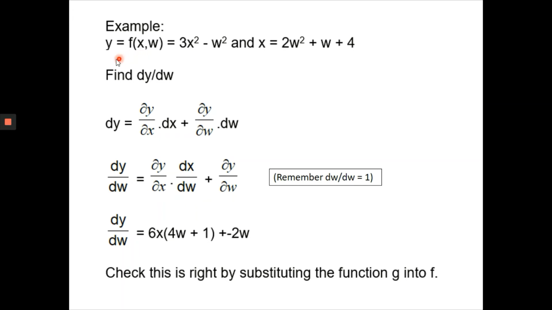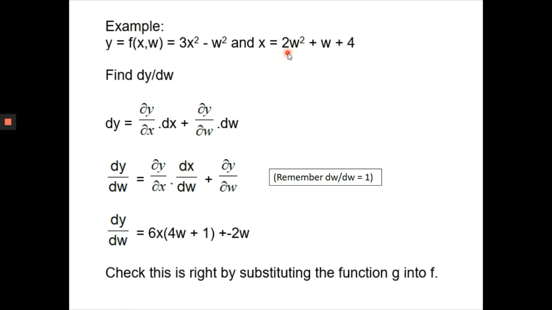Let's work with this example here now, where we have y is a function of x and w. And we can see here we've got 3x squared minus w squared. And further, we know that x is a function of w.